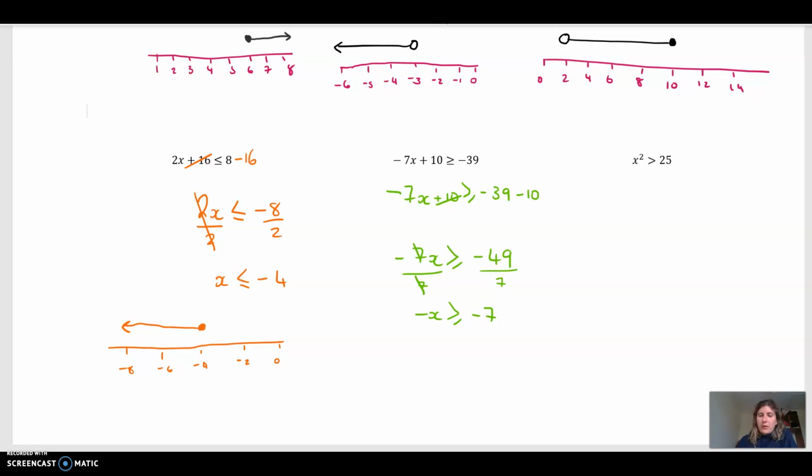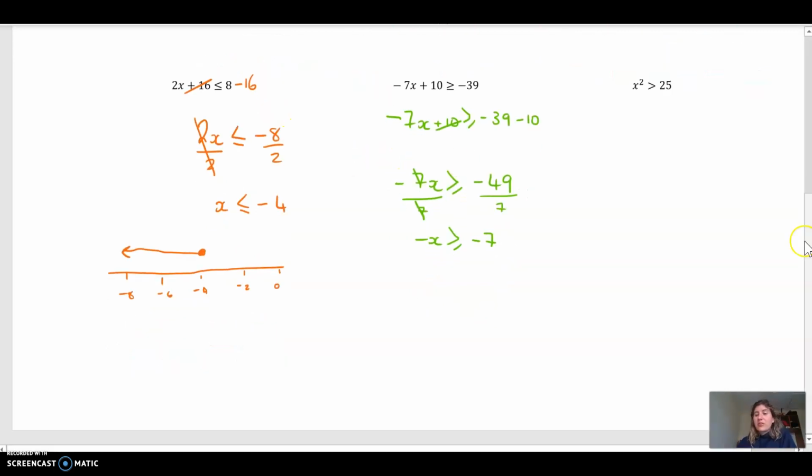Now, I'm going to represent this to you on a number line. We're not finished yet because we've still got that negative in front of the x, but I'm going to show you what this looks like. So if we know that -x is bigger than -7, that means that negative whatever x is has to be bigger than -7. So what kind of numbers are bigger than -7?